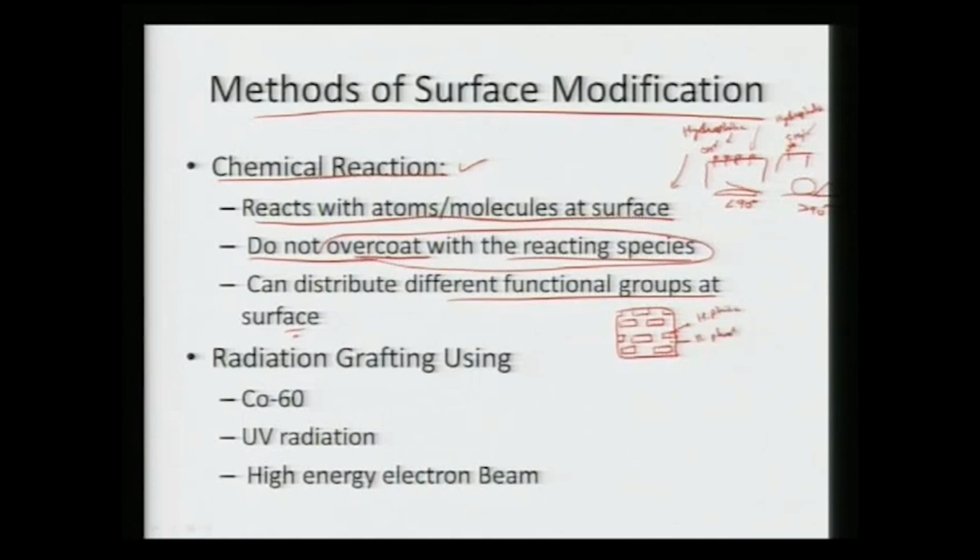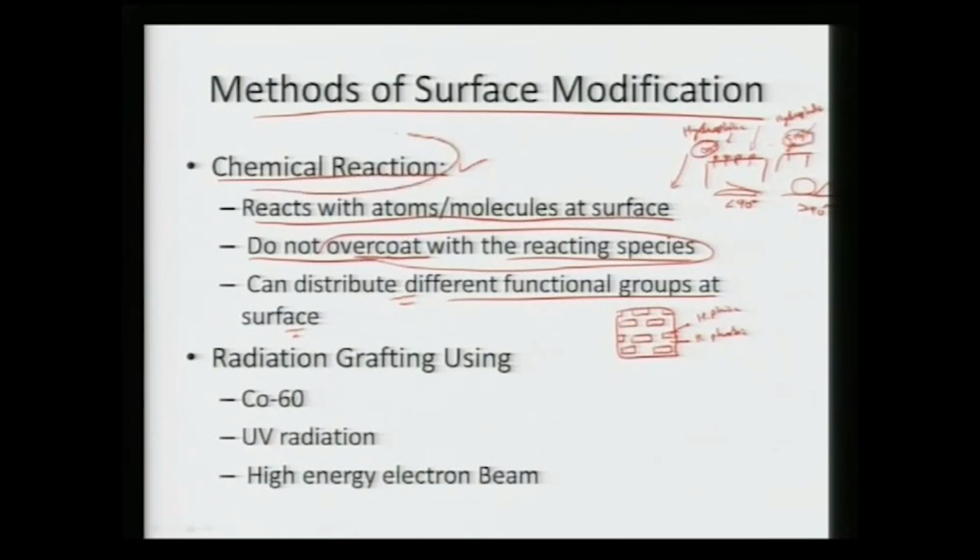And if we let any entity come over it, it will be able to trap both hydrophilic as well as hydrophobic entities on its surface. So, we can impart biofunctionality to the surface by distributing different functional groups at the surface. If water comes, OH will bind it. If any non-polar or oleo group comes, CH3 might bind it.